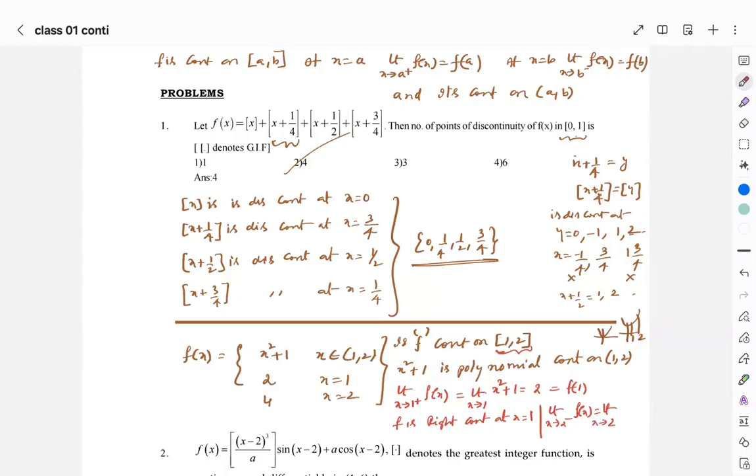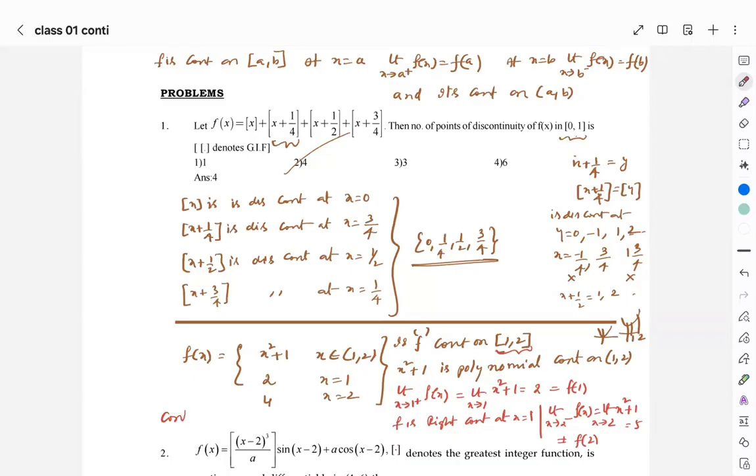For less than 2 the function is this, which is not equal to f of 2, because f of 2 is defined as 4.